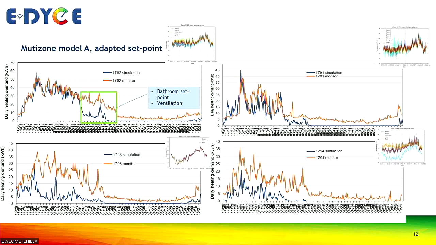In the example here we can see the results of the monitoring and the results of the simulation, where the orange line is the monitoring and the blue line is the simulations. And this is again results for all 4 apartments, and the apartment down to the left is the apartment where we're not reflecting the set point temperature properly.